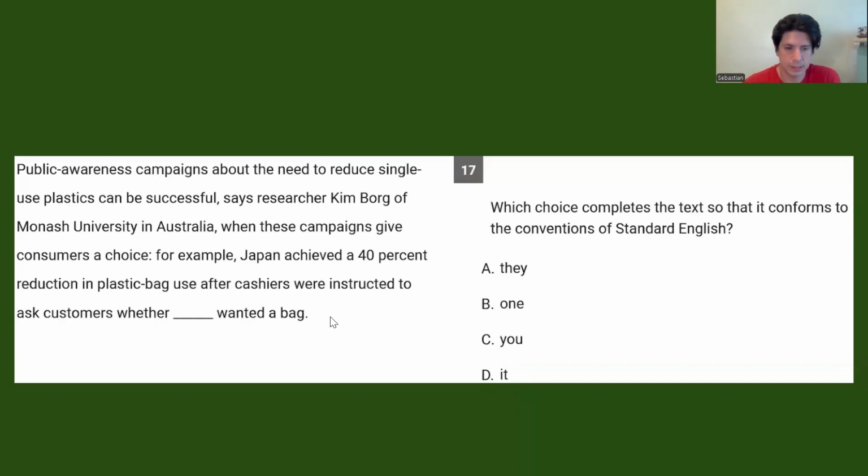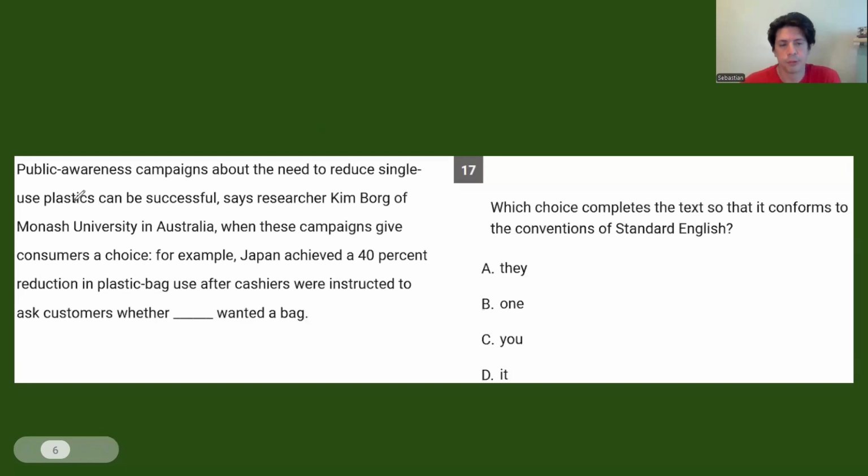This is 17. So this is module 2A, and it's going to be question 17, module 2A, supposedly the easier module 2, but I wouldn't worry about that too much.